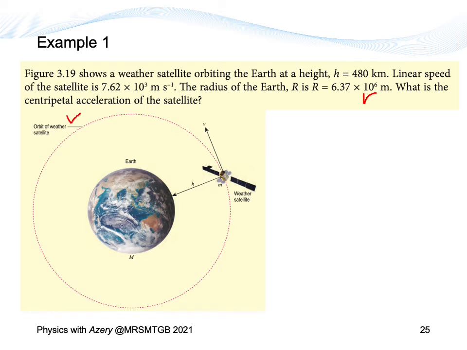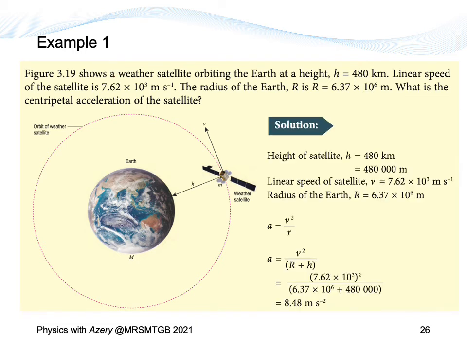So you have the height, you have the linear speed here, you have the radius, and what else? So this is already sufficient to calculate the centripetal acceleration.